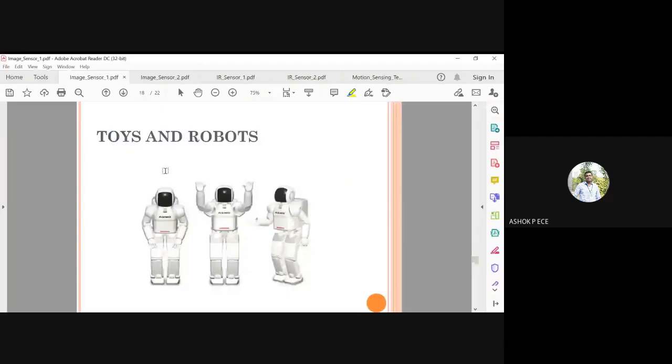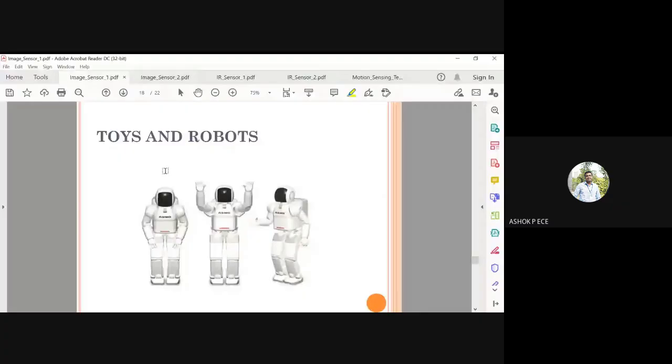Toys and robots, where we have to simulate the human in the robot, right? In that case, I am using this CCD sensor. That way, the robot can see what is before it, so it can get a clear picture of what is before it. So you will have a lot of sensors in the robot, which will be capturing the image in front of it periodically, and the actions are decided by the robot based on the image sensor which is fitted in the eye portion.